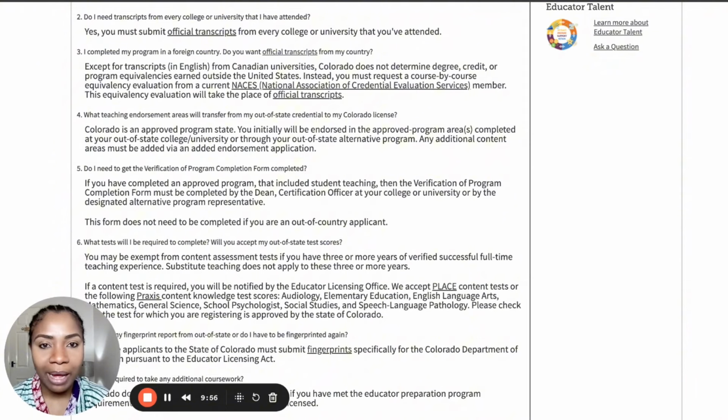When I did my course by course evaluation, at the bottom of that evaluation, ECE did a summary to show the equivalency of my Nigerian credentials to the US one, and at the end they said that I was qualified to be issued a license in physics, and that's because I studied applied geophysics. So if your content area is math, or you did early childhood, whatever it is you did in your bachelor's degree or in your postgraduate degree, that is the area you're going to be getting your license.